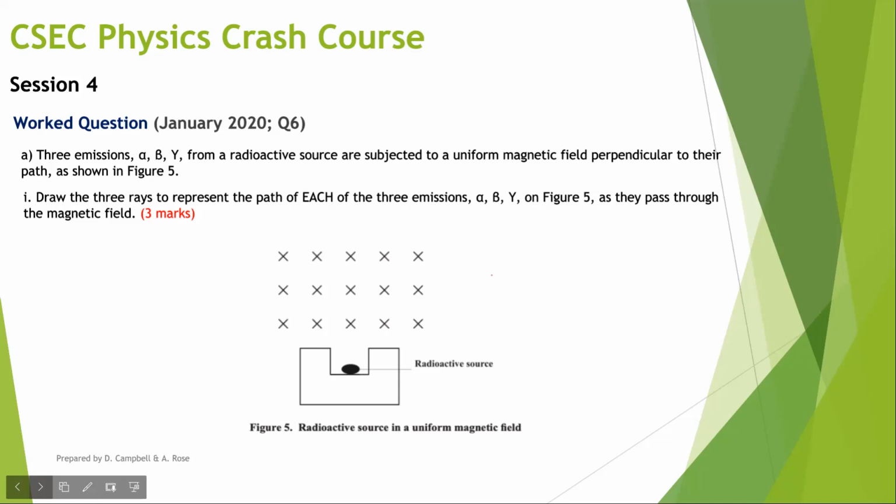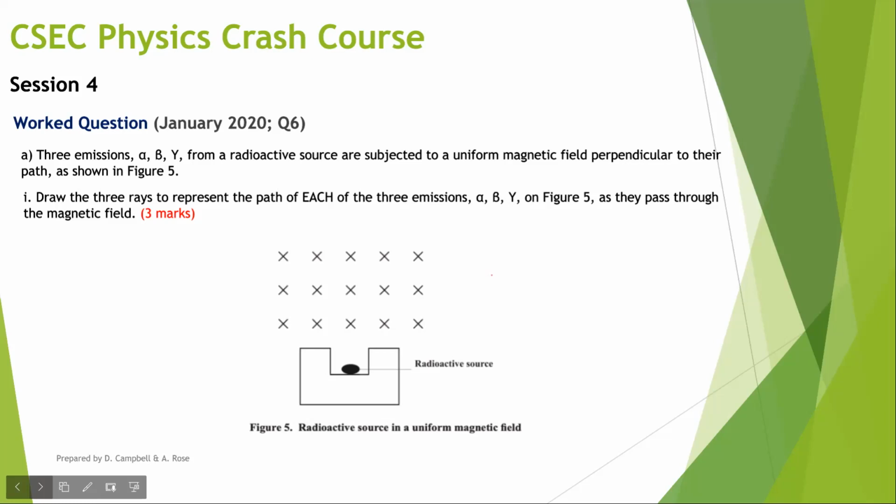We will use our forefinger to indicate the direction of the magnetic field, that is into the screen. Our middle finger would point in the direction of the conventional current. So remember that alpha particles are positively charged.